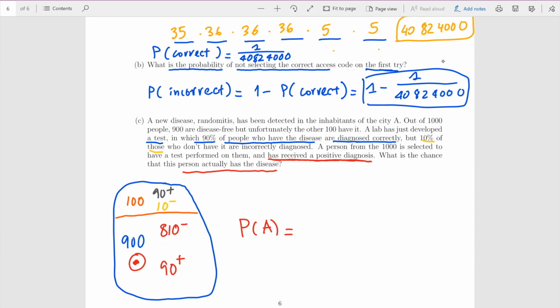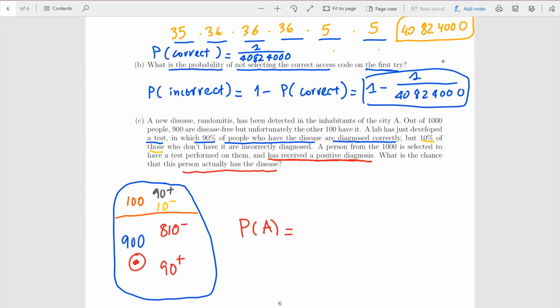Because you see that some people from the healthy population got a positive test, and some people from the unhealthy population got negative tests. So there are inefficiencies, there are inaccuracies here when you use this test.